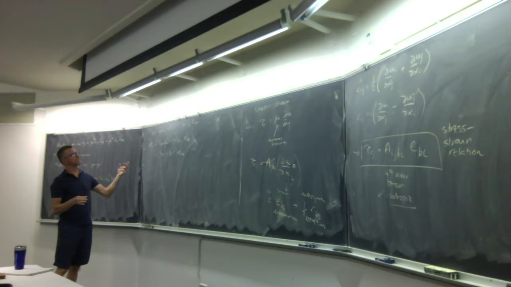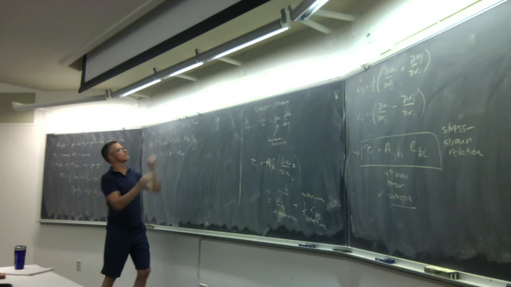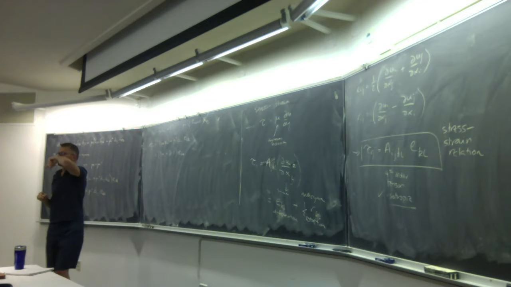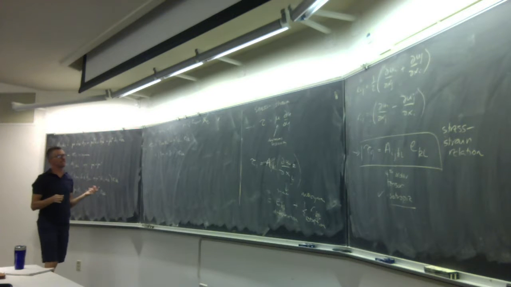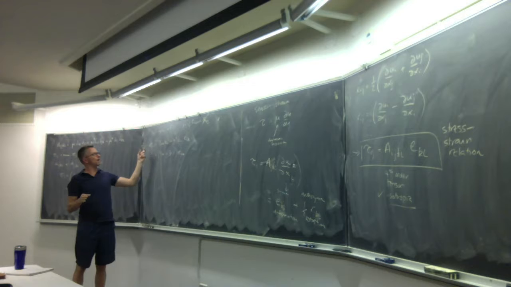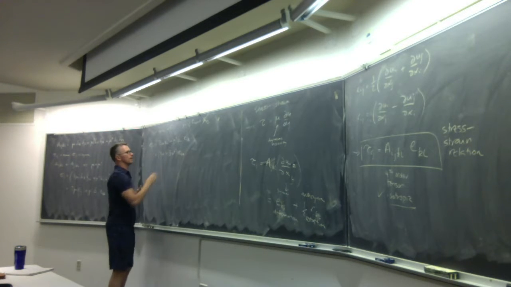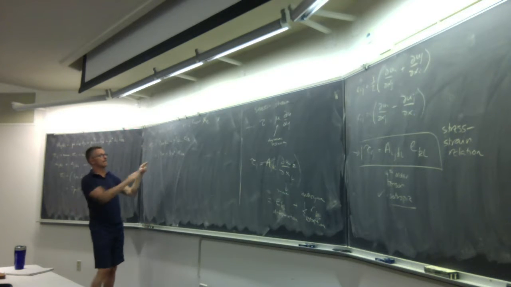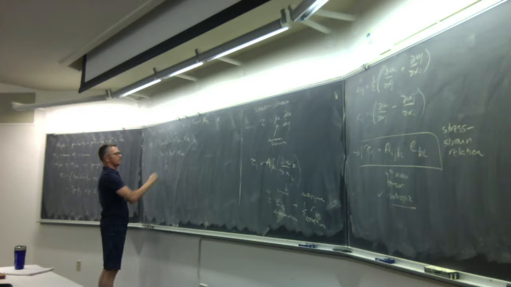Now the thing is, I want to keep my pressure defined the way it was. I don't want a sigma ii in here. So the way I eliminate sigma ii is to set this equal to 0: 2 mu plus 3 mu double dash equal to 0.